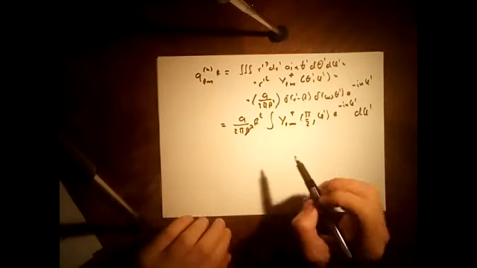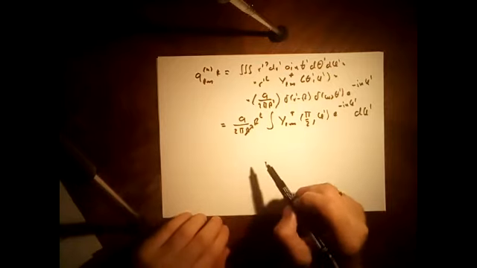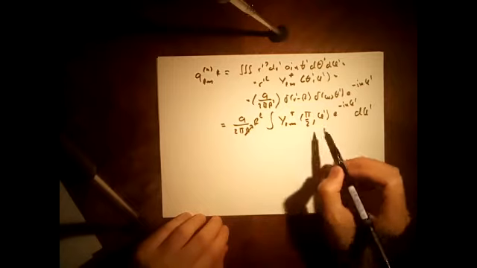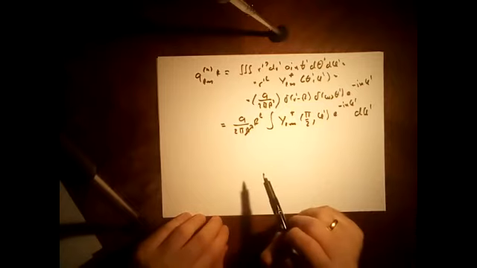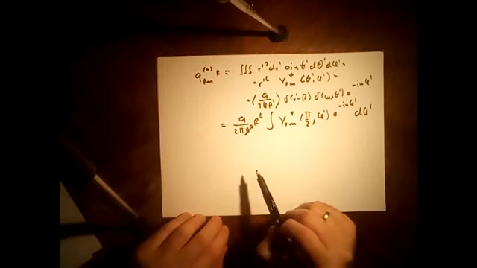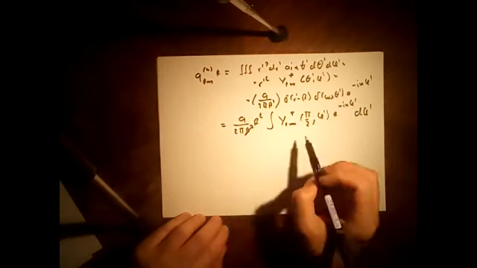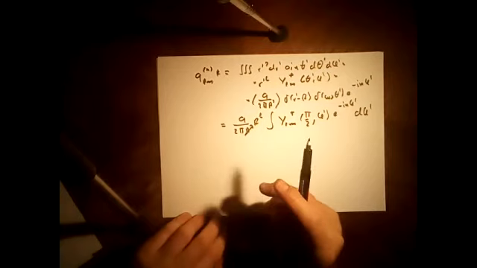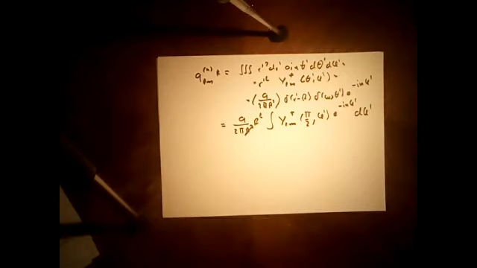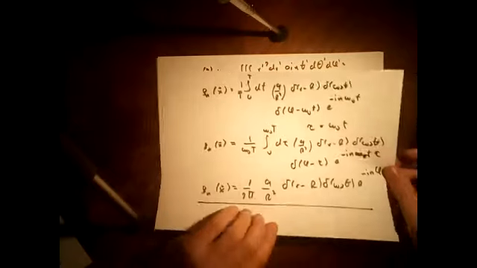Now the important thing here is that if I want to integrate this phi prime, I know that the spherical harmonic has a particular phi dependence. I seem to have made a mistake, sorry, and I will fix it.